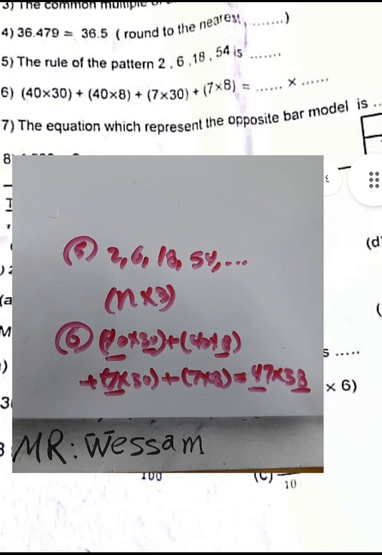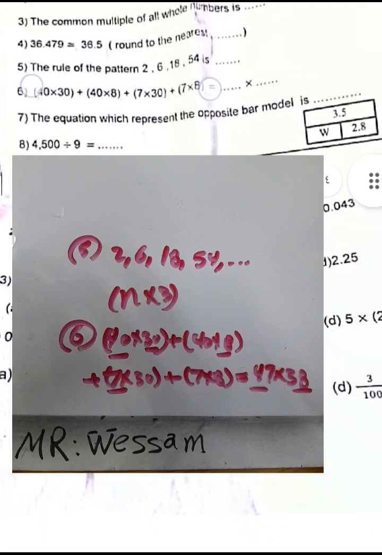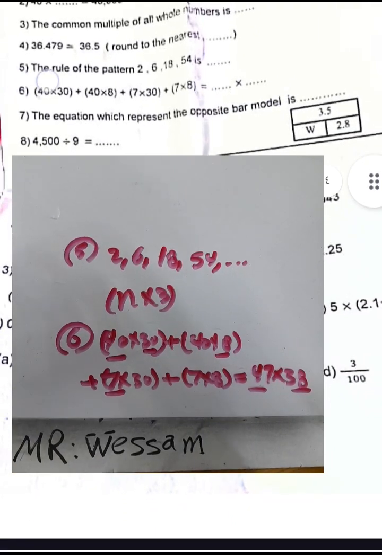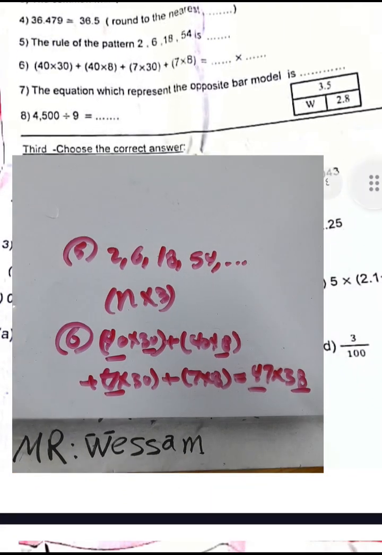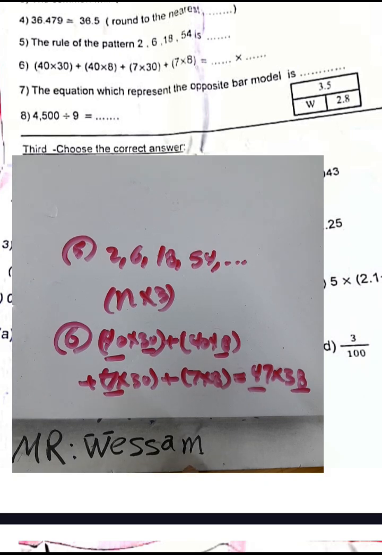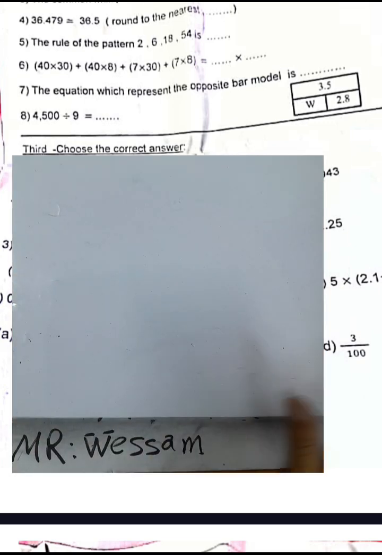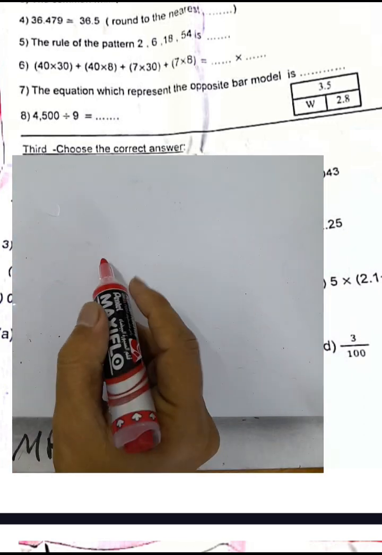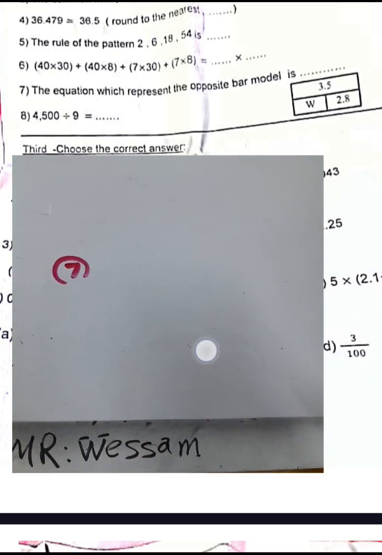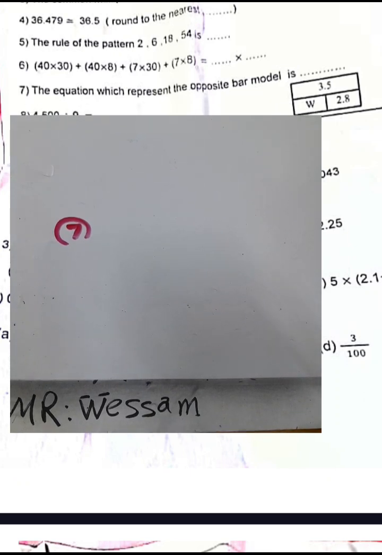Question 7. The equation which represents this model here equals what? We have the model, and we want to find the equation which represents the model, and we can solve this equation. For question 7, the number at the top is 3.5.